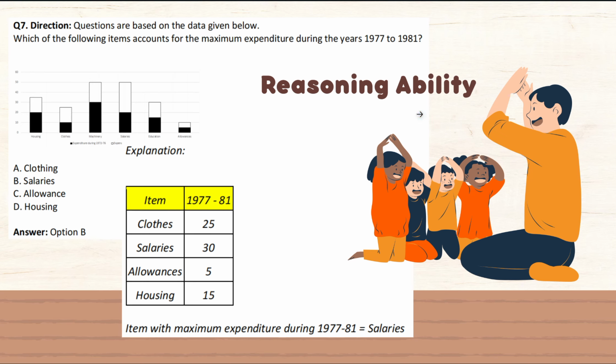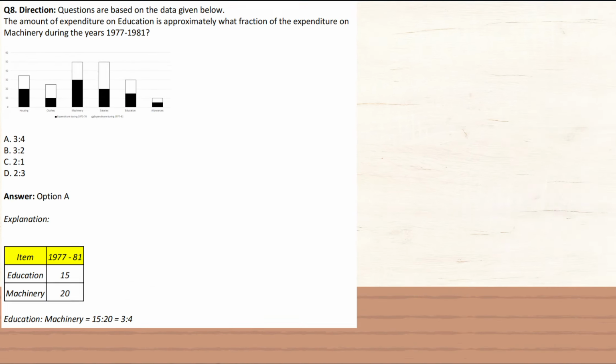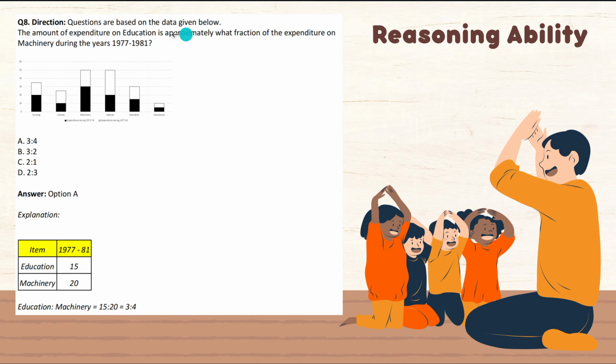Let us go into another question. Again, the question is: the amount of expenditure on education is approximately what fraction of expenditure on machinery during the years? In this way only we also faced the questions. They have given a bar chart and asked questions, but not this question and not this bar chart; it is another one.